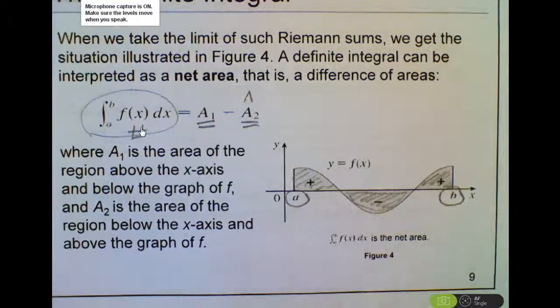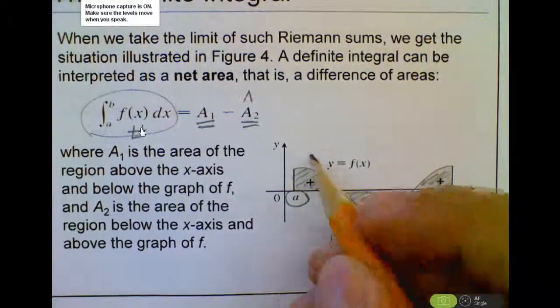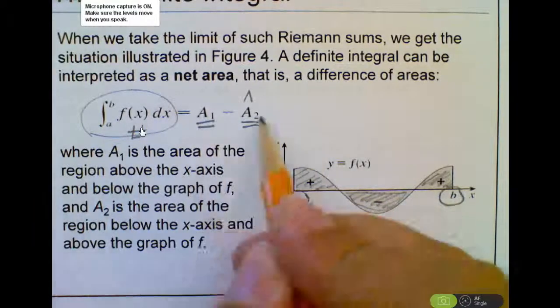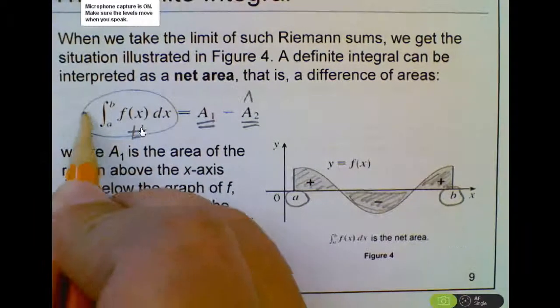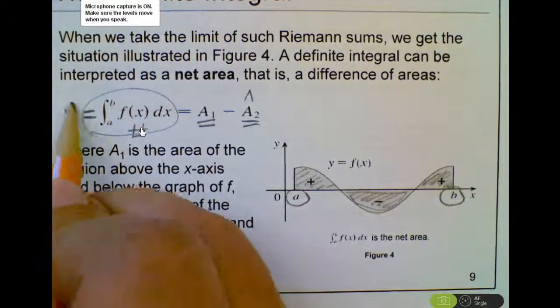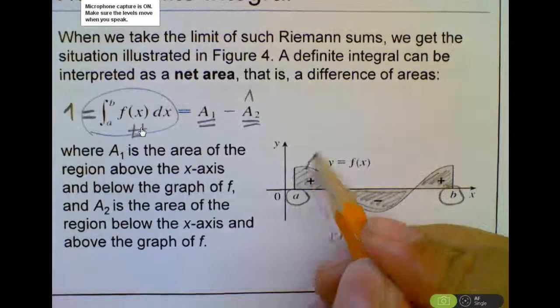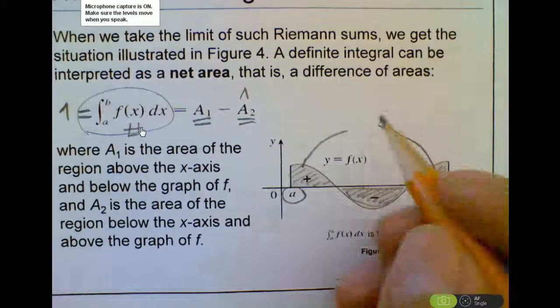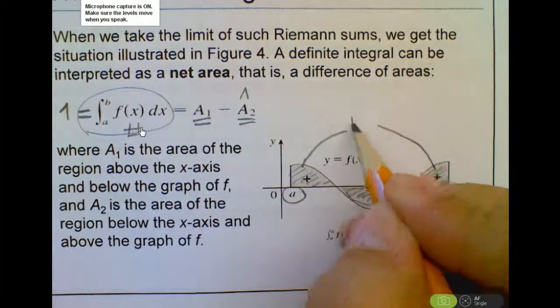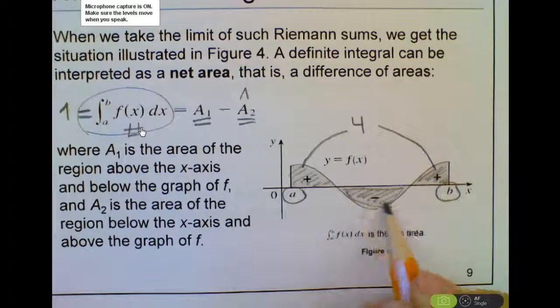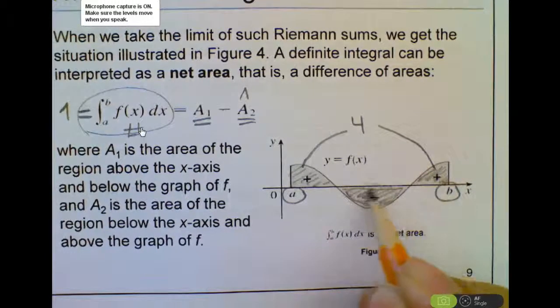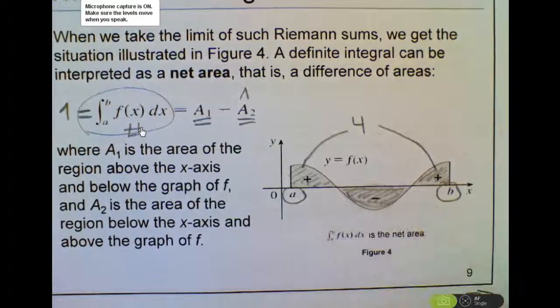So for example, a small exercise, let's say that the integral of this function is 1, and you know that the areas of these two little pieces is 4. How much would the area in this section be worth?